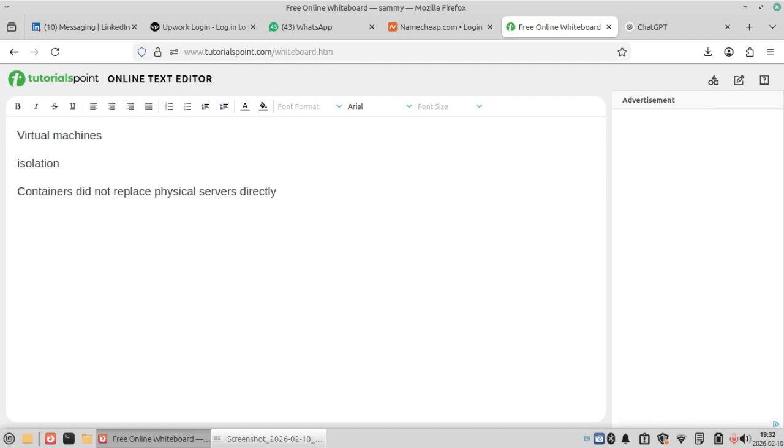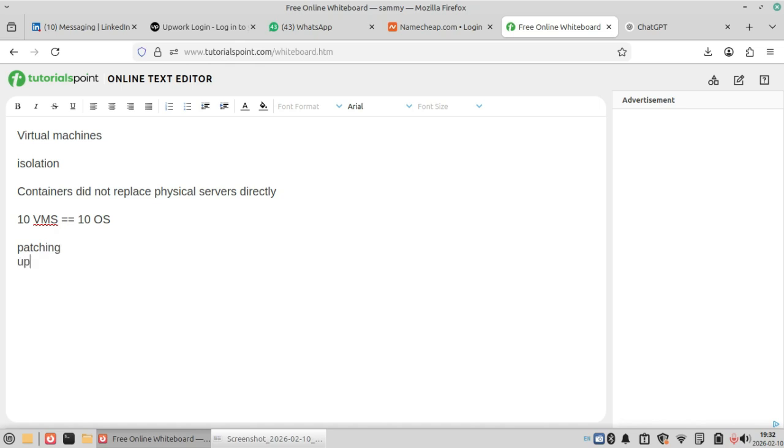Because on a virtual machine, you will still need an operating system. Now, let us assume you have 10 virtual machines. Automatically, you have 10 operating systems. And each one of these virtual machines still needs patching, all right?